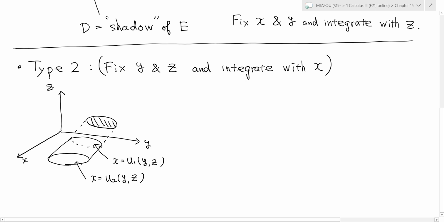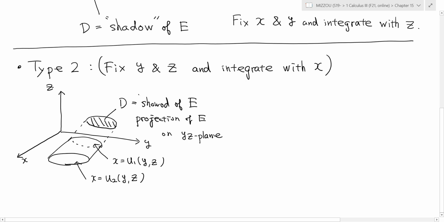And then this one, D, is the shadow of E. Or to be more precise, it's called a projection. The precise mathematical terminology is the projection of E onto the YZ plane.